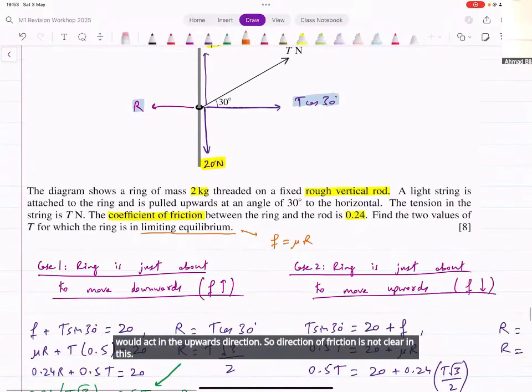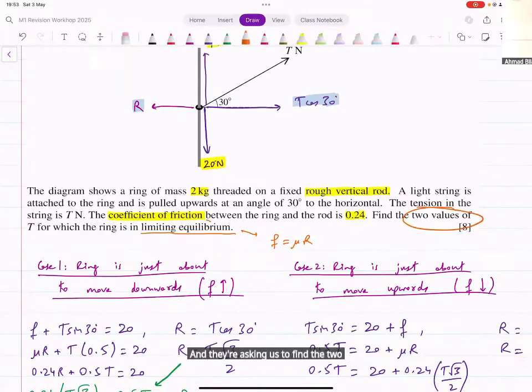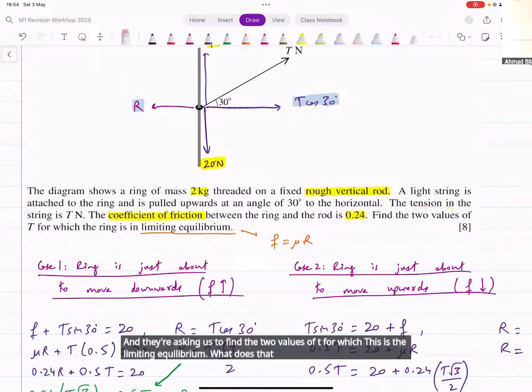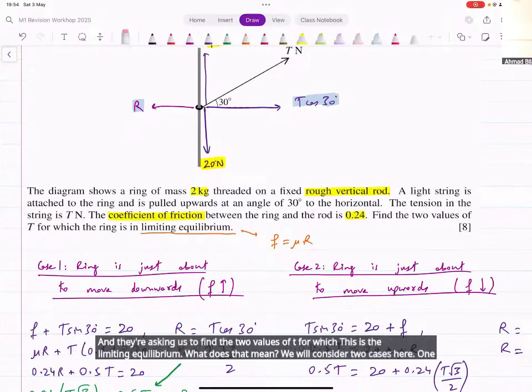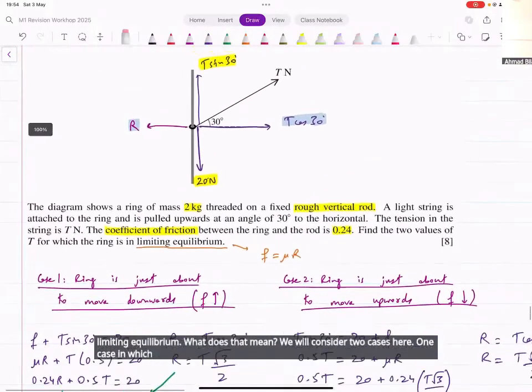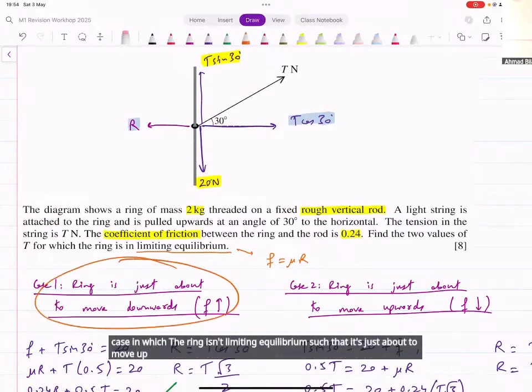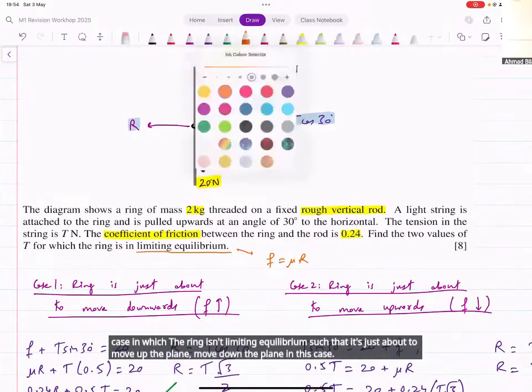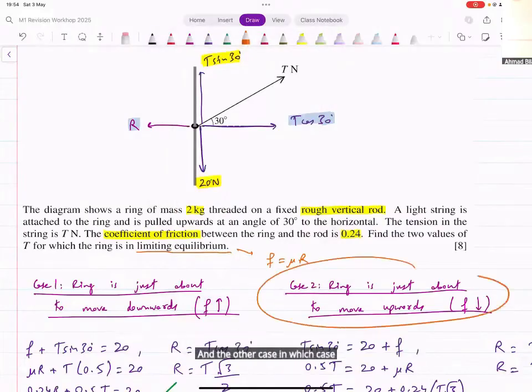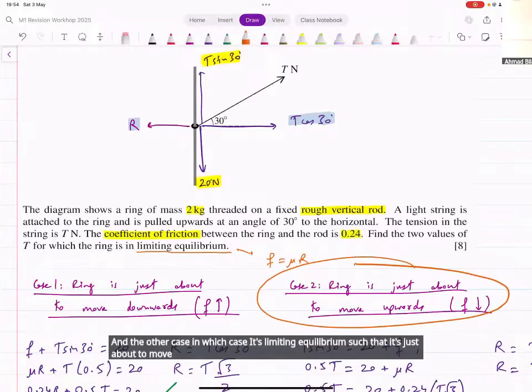And they're asking us to find the two values of T for which this is in limiting equilibrium. What does that mean? We will consider two cases here. One case in which the ring is in limiting equilibrium such that it's just about to move down the rod. And the other case in which it's limiting equilibrium such that it's just about to move up the rod in the upwards direction.